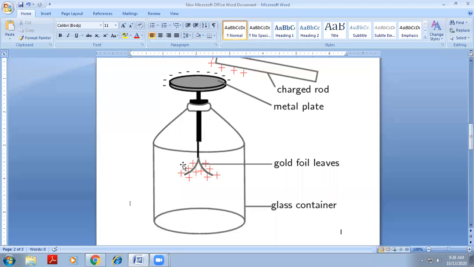Whatever the rod has, it is having some charge. The repulsion is more compared to the other. If the repulsion is more, we say that positive charge is there.